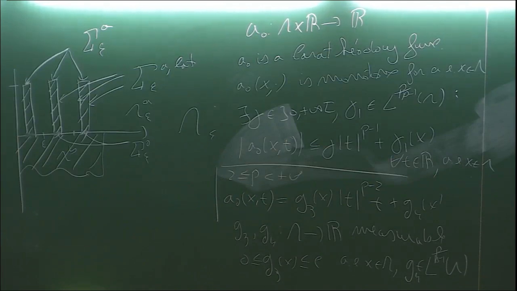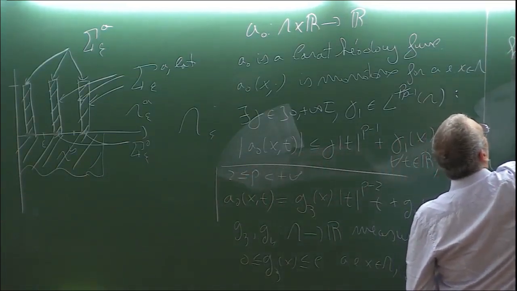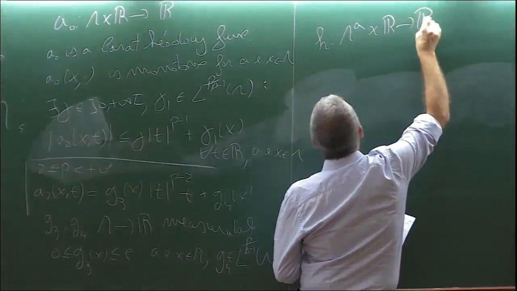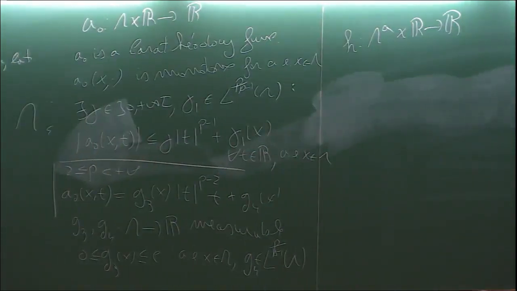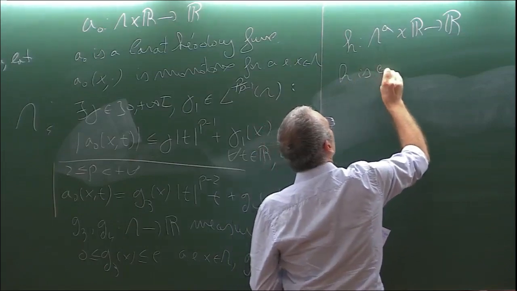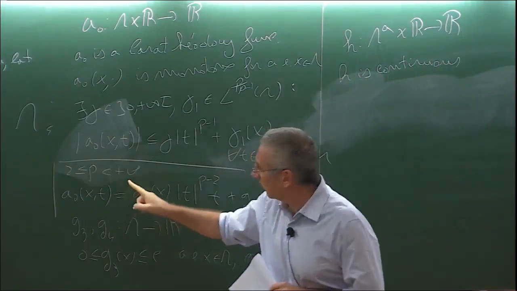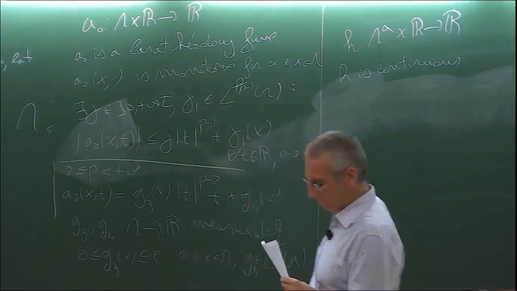Okay, the last function that we have to introduce is H, a function from omega A cross R to R. Then H is defined only in omega A. For exercise, you can verify that this function satisfies this condition.